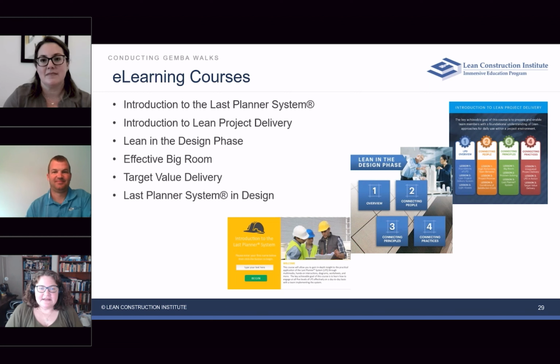There's also some enterprise level discounts for corporate members. So if you have any questions about that, contact e-learning discounts at leanconstruction.org.